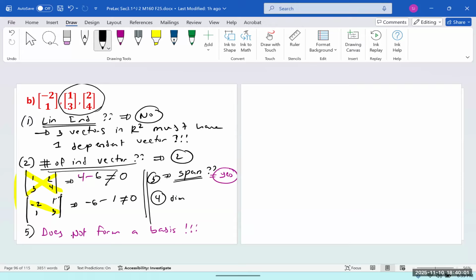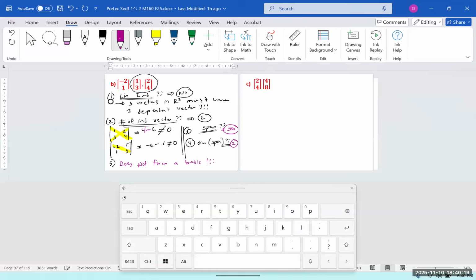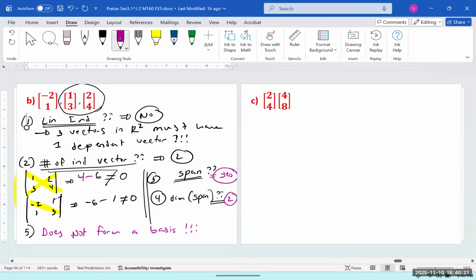What is the dimension of your span? Means how many independent vectors you have? 2. Right? We don't need this much. And that's how you figure it out.